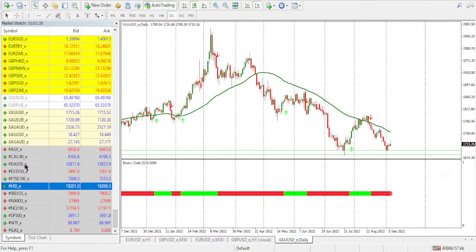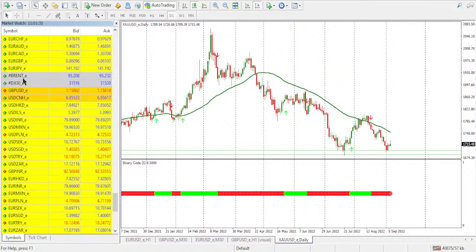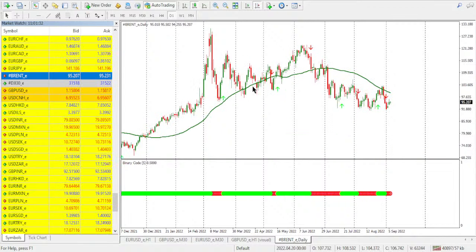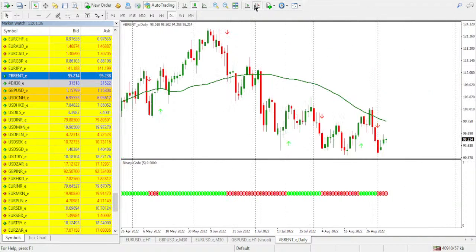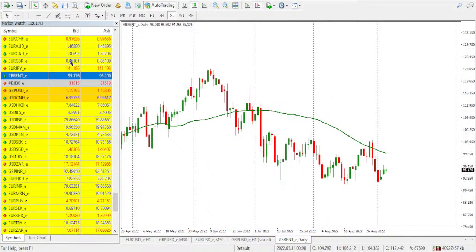The last instrument for the day, I want us to look at the Brent oil. So with the Brent oil so far, the price is consolidating. We are inside a range. So just look at it like this. You draw a line from the top, and then you draw the same line from the bottom.